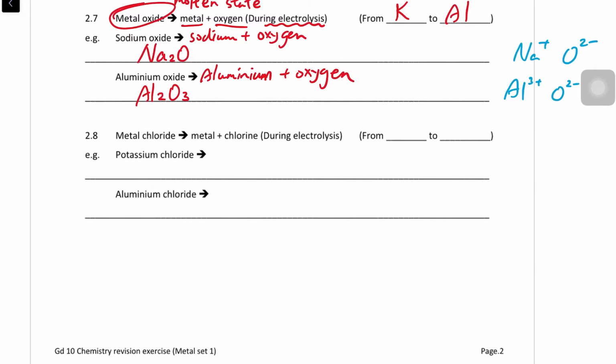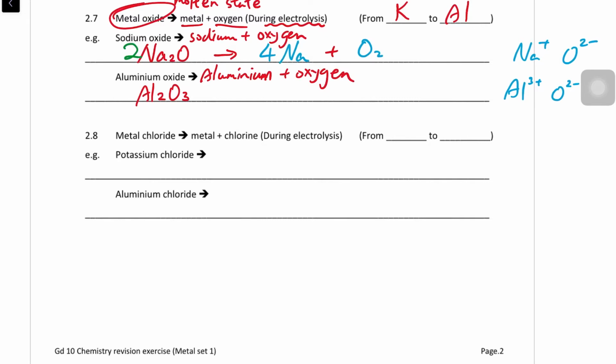So the oxide is 2 minus charge. After they break down, of course oxygen should appear as O2. In this case, that's why we need 2 for sodium oxide in order to balance the number of O. And finally, we got 4 sodium metal.